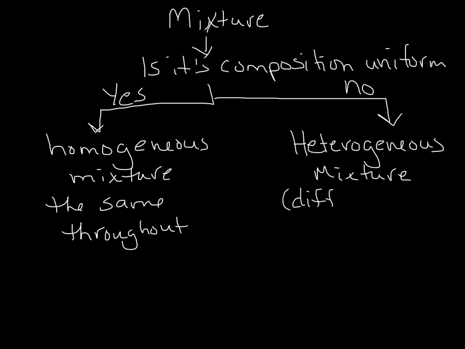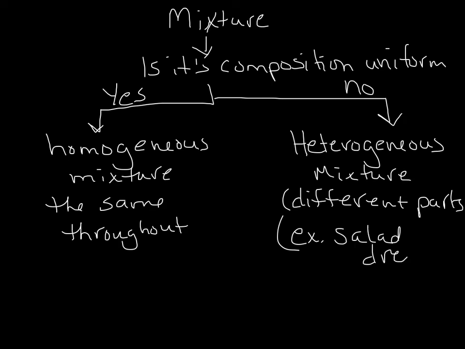It has different parts. A good example of a heterogeneous mixture would be salad dressing. You can see the different parts in the salad dressing. An example of a homogeneous mixture: Kool-Aid. When you get the Kool-Aid mixed up properly, you can't tell where the Kool-Aid mixture is and where the water is.